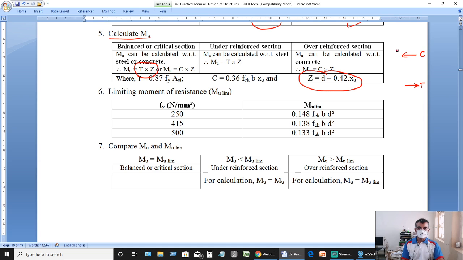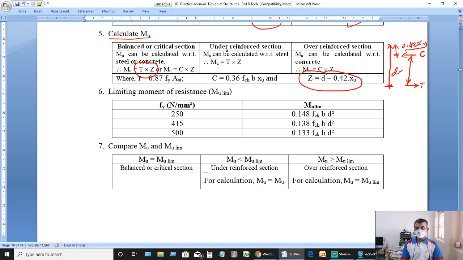This is your C and this is your T. From the top of the compression fiber, the distance of C is 0.42 XU, and from the top of the beam, the location of T is D. So the distance between C and T is D minus 0.42 XU.